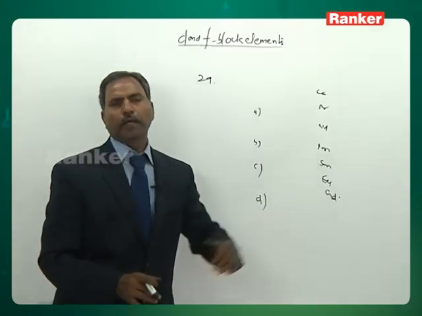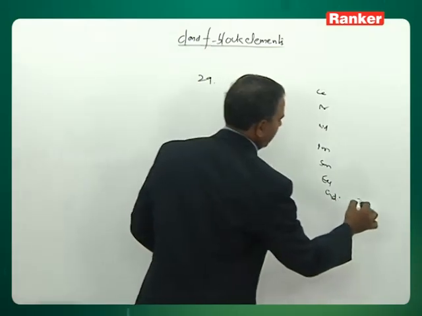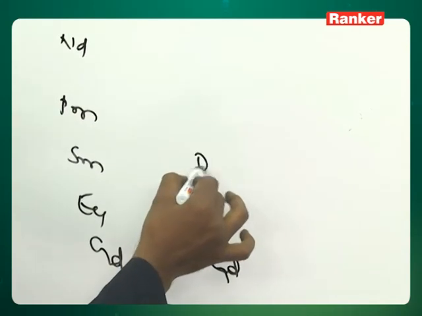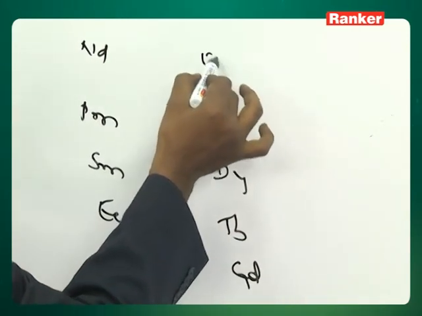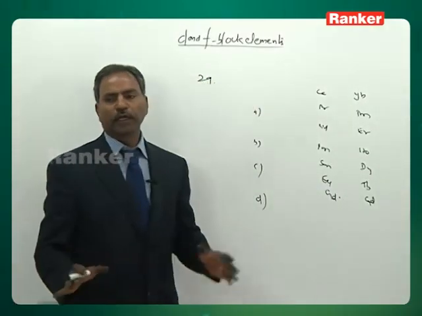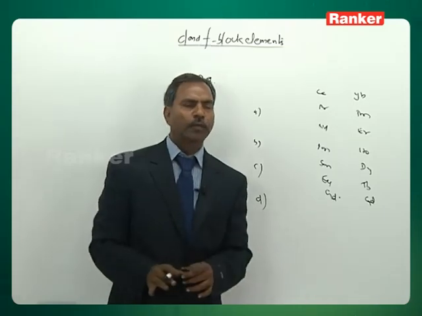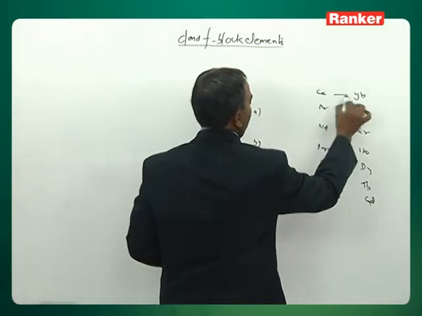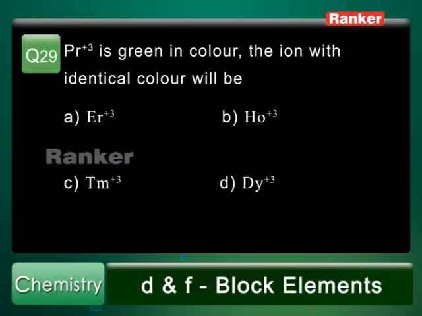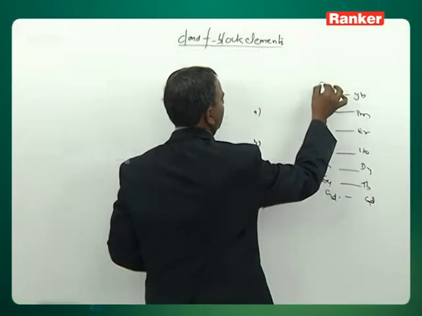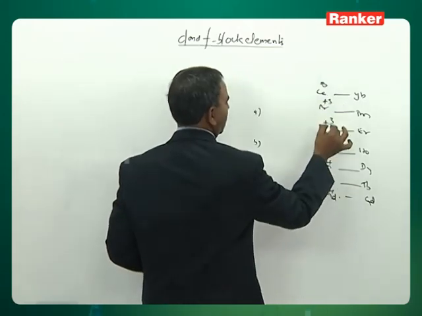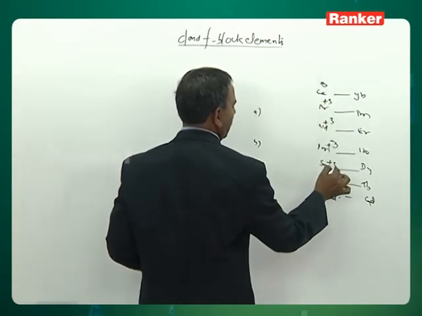Then start again with gadolinium: gadolinium, terbium, dysprosium, holmium, erbium, thulium, ytterbium. Like this, make all 14 lanthanides into 7 pairs. He has given plus 3 ions, so put all as plus 3.